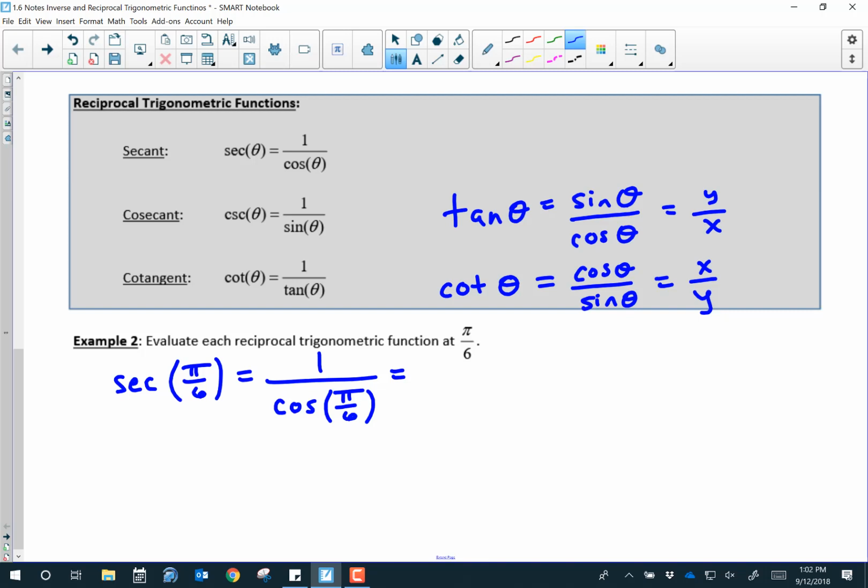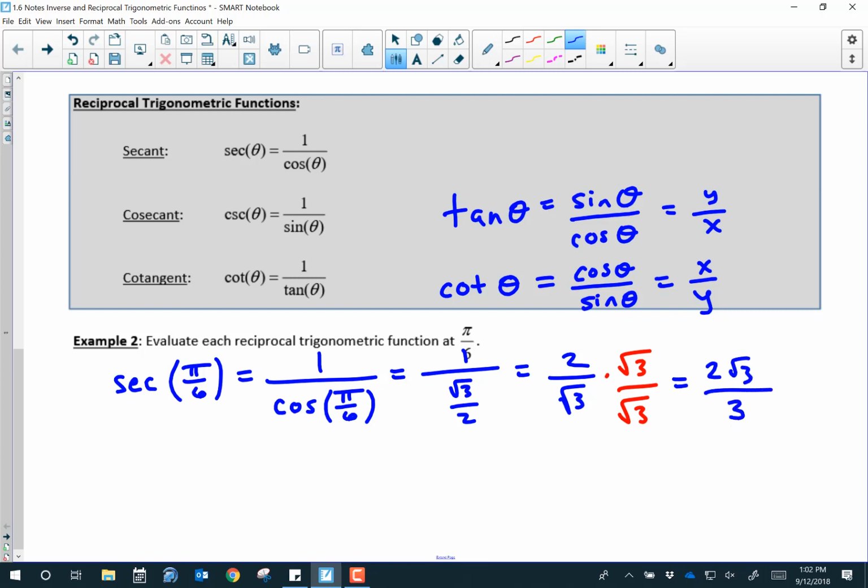So what's the cosine of pi over 6? Root 3 over 2. Okay, so I need the reciprocal of root 3 over 2. The 1 over means I'm just going to take the reciprocal. So then I'm going to flip it and get 2 over root 3. But we want to keep it rationalized. So this is 2 root 3 over 3.